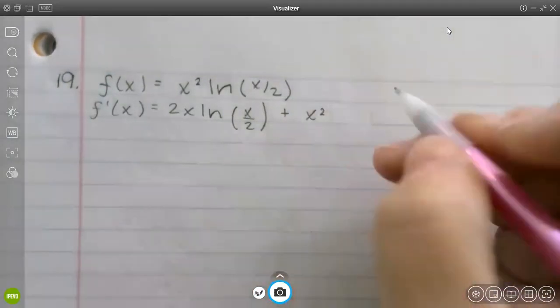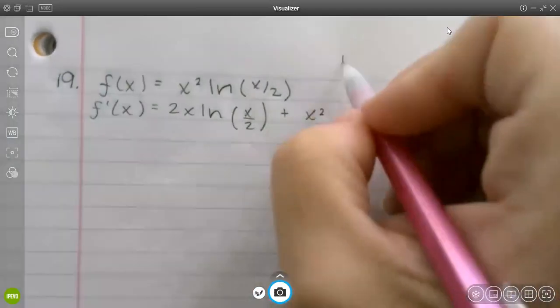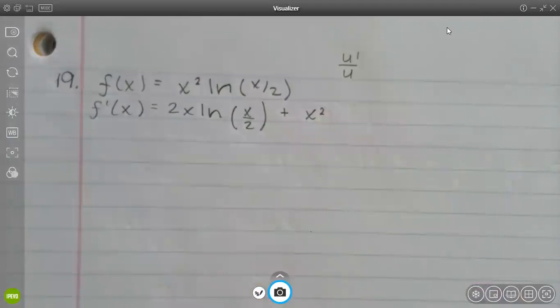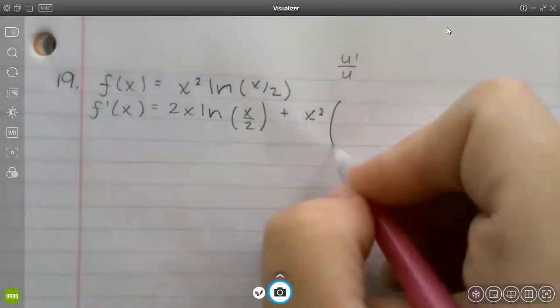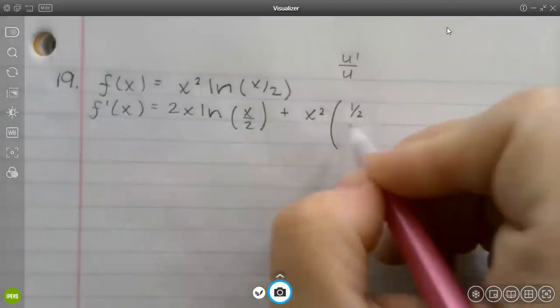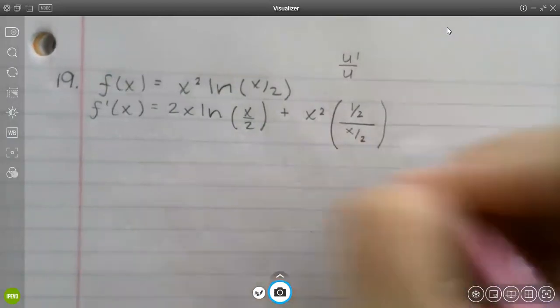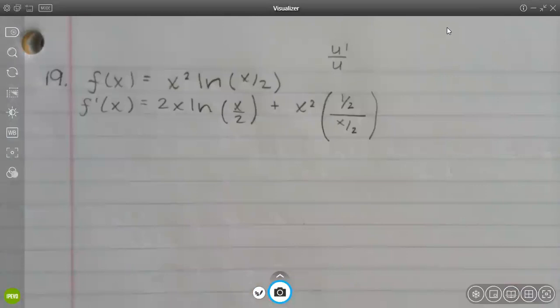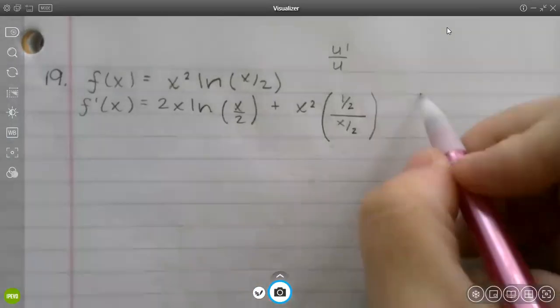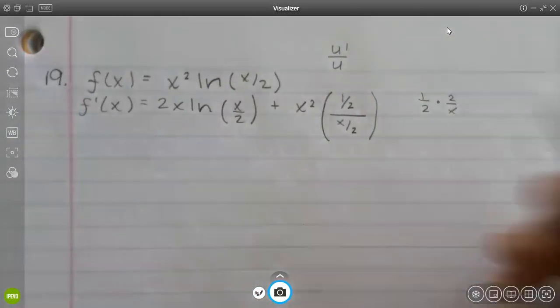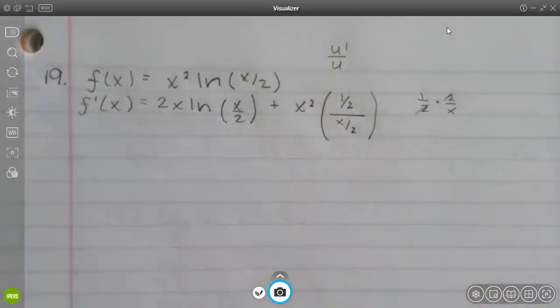You do the rule in the front, u prime over u, which is 1/2 over x over 2. Remember that we don't divide fractions, we flip and multiply, which will actually just give us 1 over x.